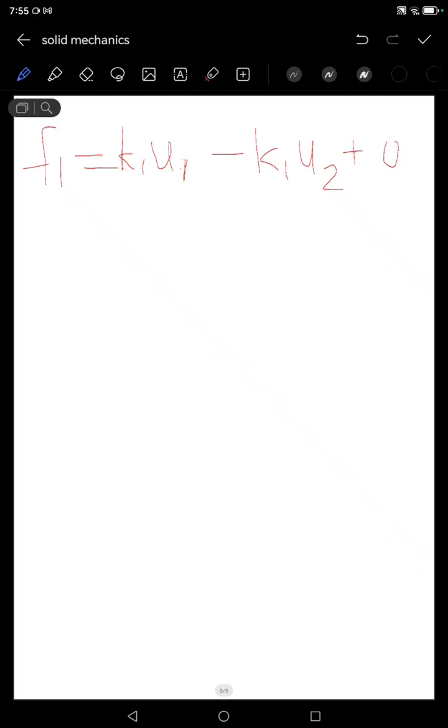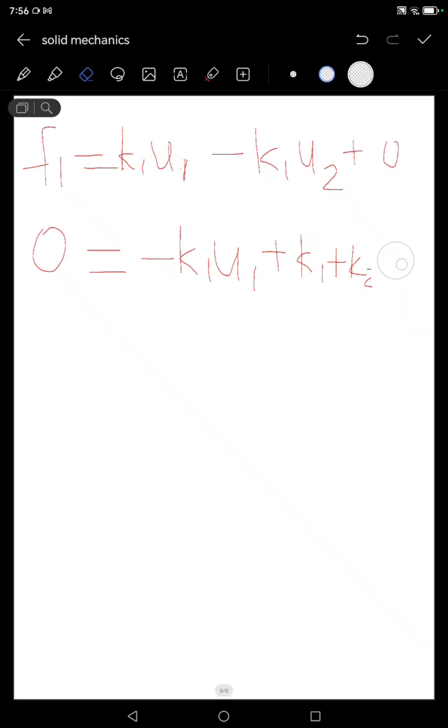And for our second equation, we said f2 plus f2 is going to be 0. So it's going to be 0 equals negative k1 u1, and then k1 plus k2 all multiplied by u2, and then u3 is going to be negative k2 u3.